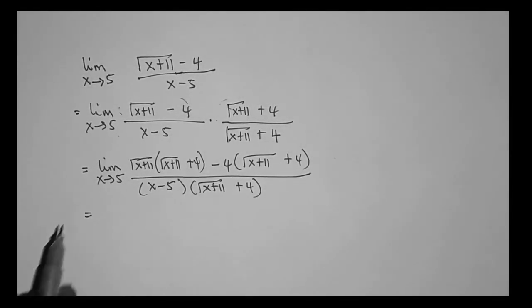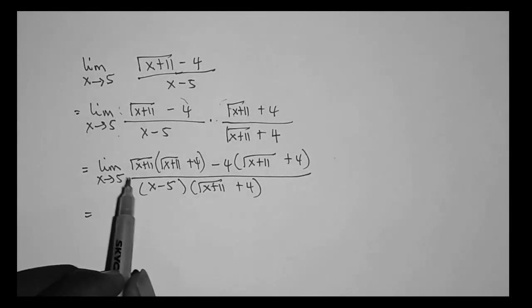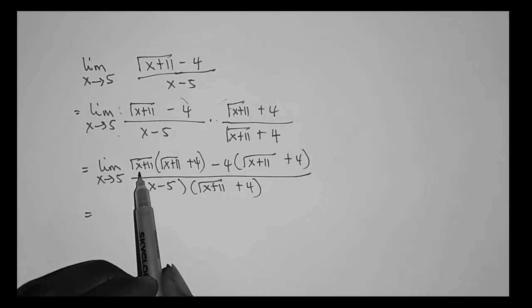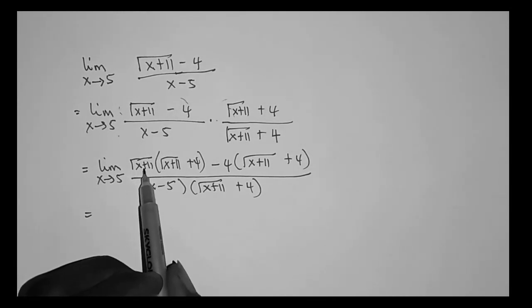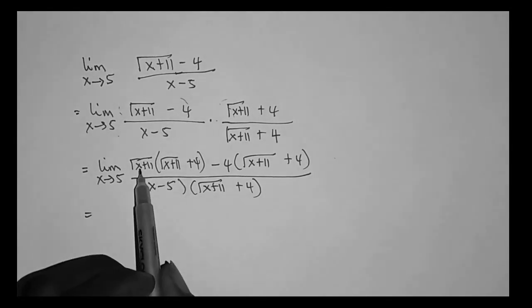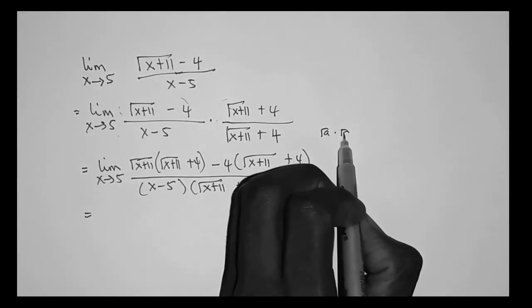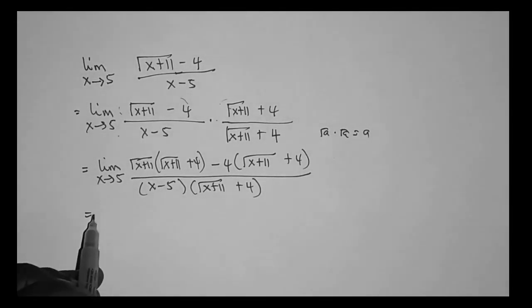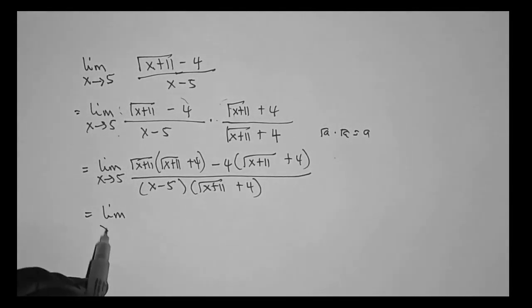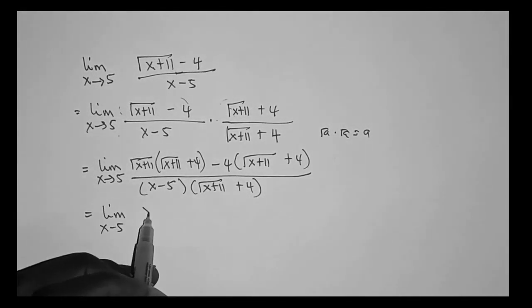Now what is square root of x plus 11 times square root of x plus 11? It's just x plus 11. Remember, root a times root a is equal to a. And therefore this is the limit as x approaches 5 of, this becomes x plus 11.